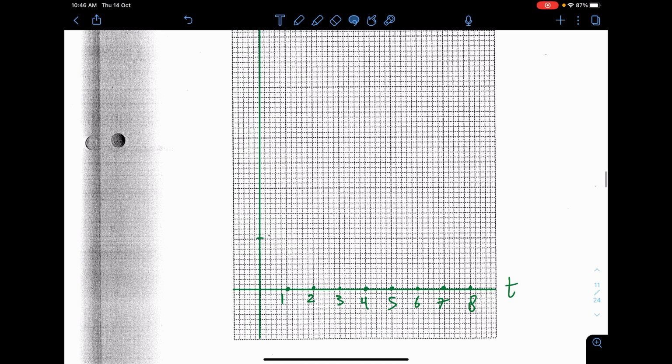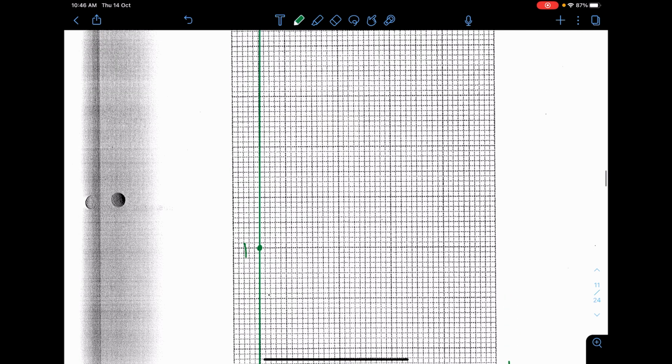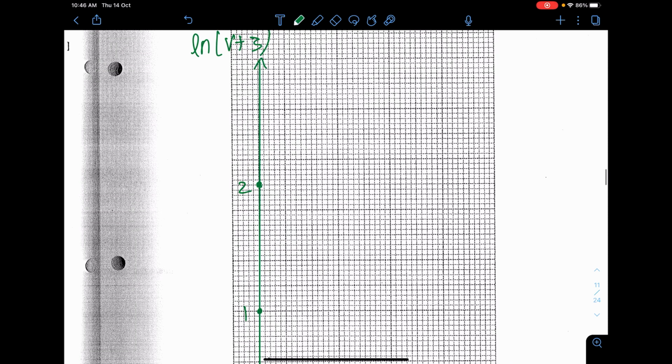Maybe I need to draw it a little bit further down so I can save some space. This is 1, this is 2. Anyway, I have to draw with my own measurement, because I don't have the exact tool to have the exact number here.